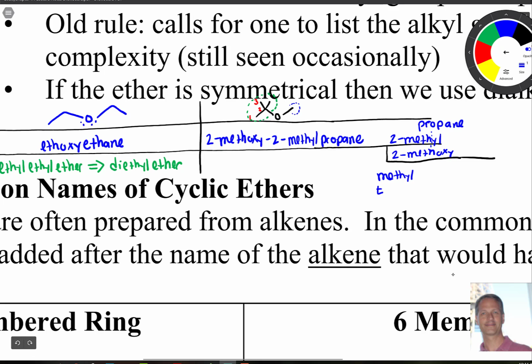So it's a T-butyl group. So this uses the old system in which we rank the substituents next to that oxygen in increasing complexity. So we would start off here with methyl, and it's T-butyl ether.